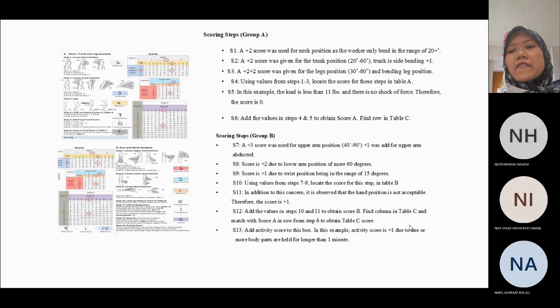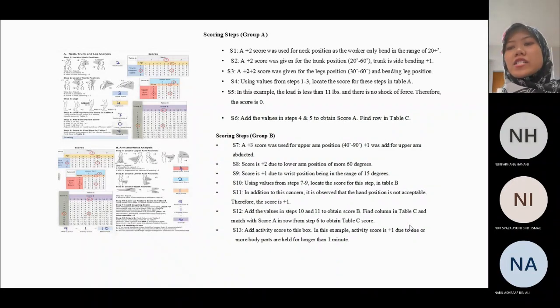Step 5: the load is less than 11 pounds, so no shock score is added. For group B, step 7 adds 3 for the upper arm position. Step 8 scores +2 for the lower arm position because the arm is more than 60 degrees.